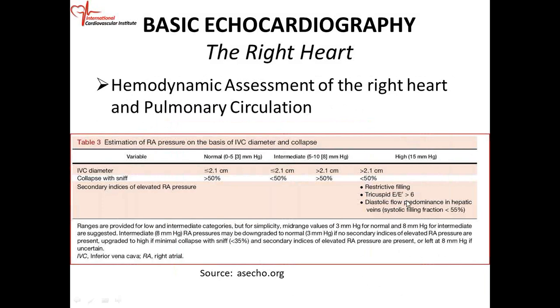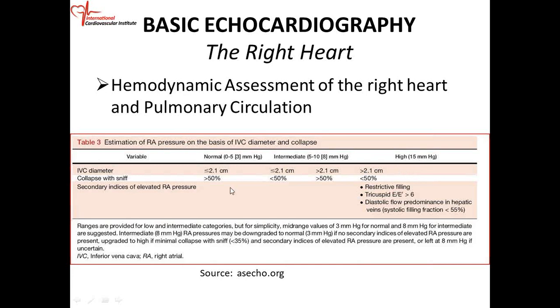The tricuspid E/E prime ratio is going to be greater than 6, and in the hepatic vein you have a diastolic flow predominance. So these are all features of a very high right atrial pressure, 15 millimeters mercury or more.